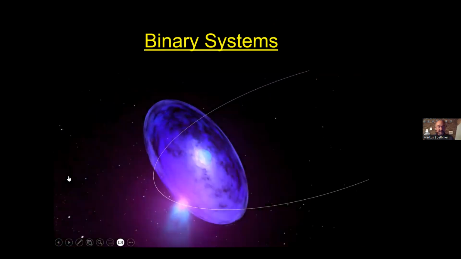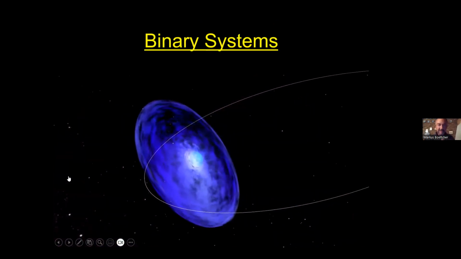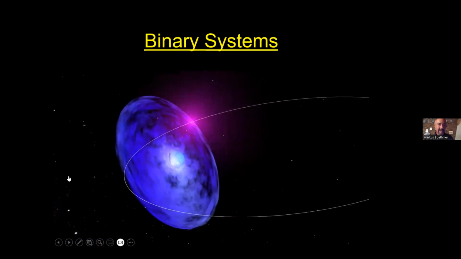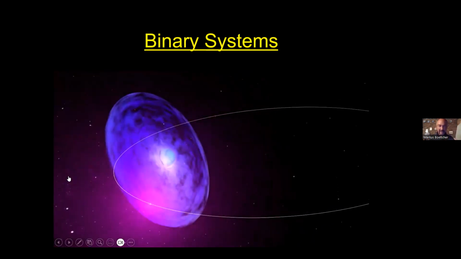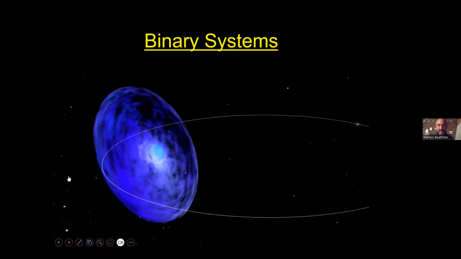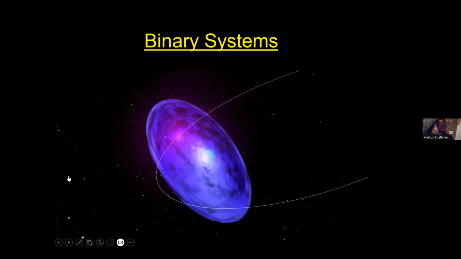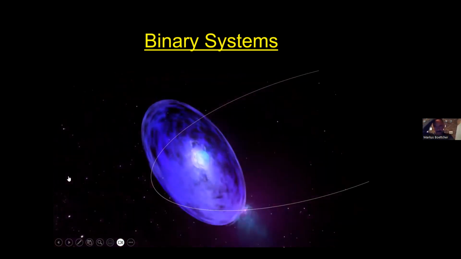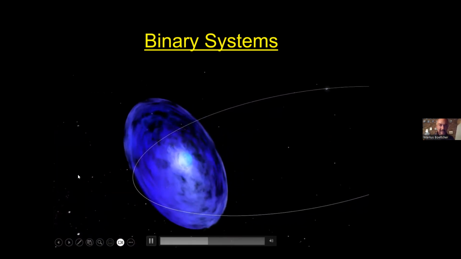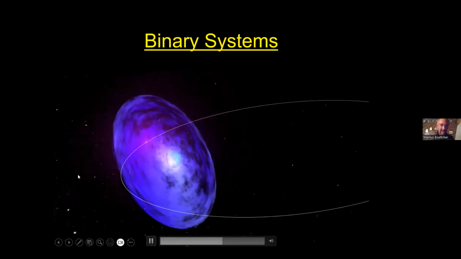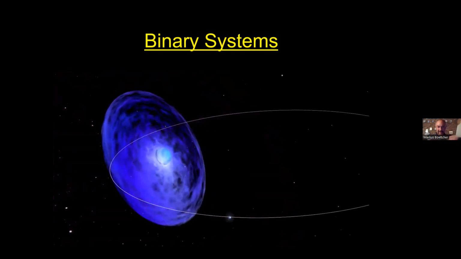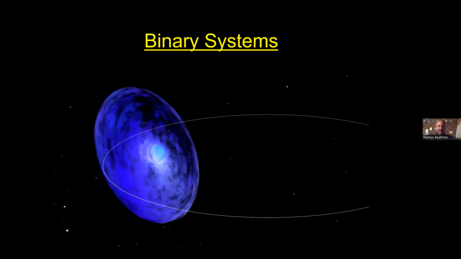The next source class, which I will not talk very much about, is binary systems. These are systems where, for example, we have a very massive star and a neutron star orbiting each other. A neutron star, as we said, has about 1.43 solar masses. A massive star in one particular system that is illustrated here has a much larger mass, I believe about 40 solar masses, and it drives gas away from the star.